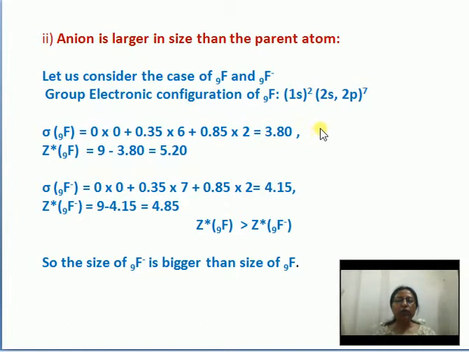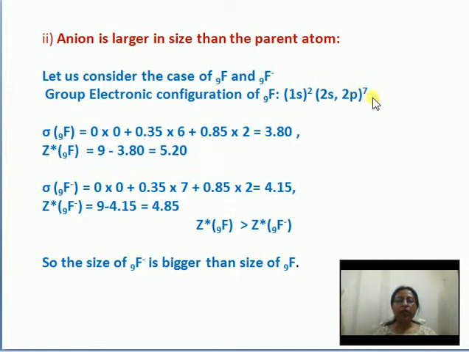So for fluorine, which forms the F-, you can see the sigma value when it is fluorine, it will be 0.35 into 6 from here, and then 2 into 0.85, so it is 3.80, and Z star will be 9 minus 3.80, so it will be 5.20. Now if instead of fluorine it is F-, then what will be the contribution?